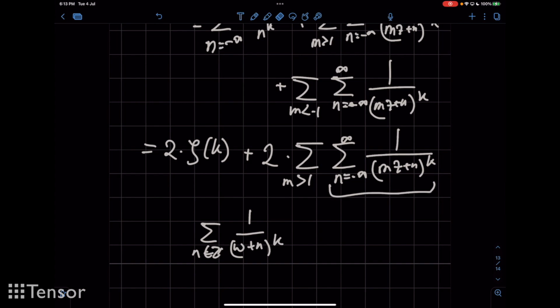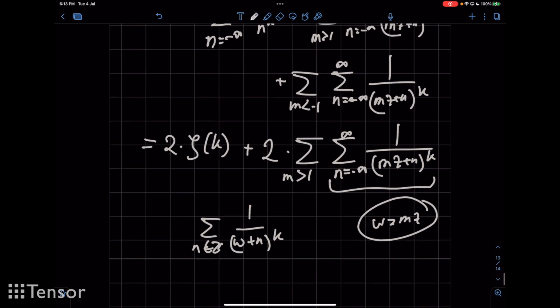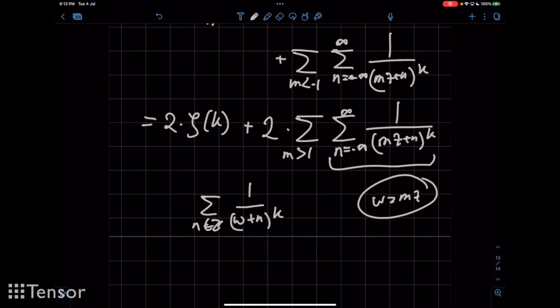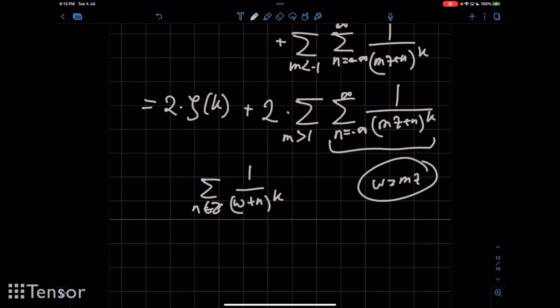Here I've taken w to be mz. This is periodic with period 1 because this sum is absolutely convergent, so we can rearrange the terms.